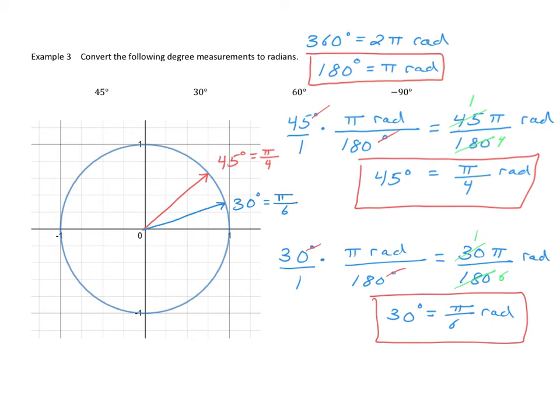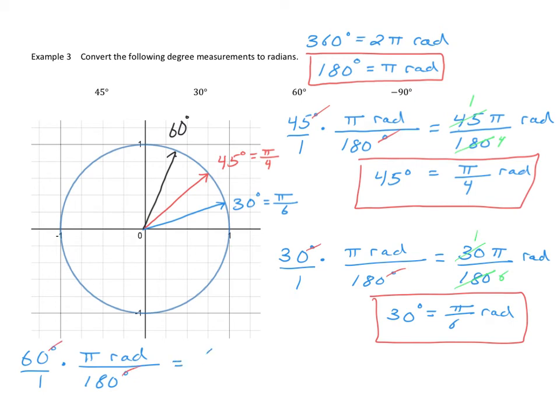We have 2 others. All right, so here is 60 degrees. I want to convert that to radians. So I multiply by pi radians over 180 degrees. By doing this, we cancel degrees. We have radians left over.